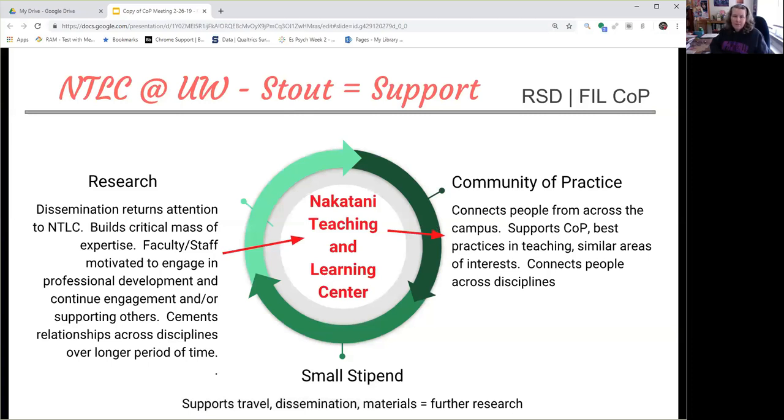So if I want outside eyes on some research or some ideas or help, or just, hey, I have another brainstormed idea, do you want to do this? And in turn, they're doing things. For example, one of the people, the political scientist, had her students do posters on political events, and she called upon the community of practice members to come give an outside viewpoint on students' posters before they went and presented them in a more public arena.